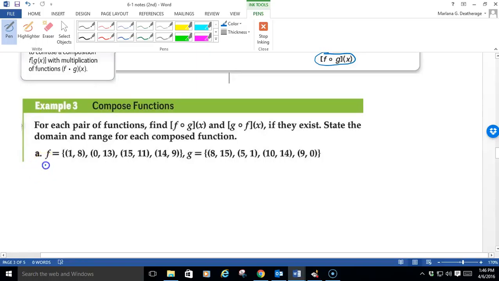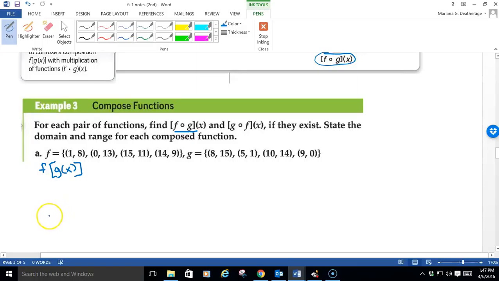So I'm going to rewrite it like this. F of g of x. It's the same thing as that. Now, how many points, or ordered pairs, do I have in my f function? 4.